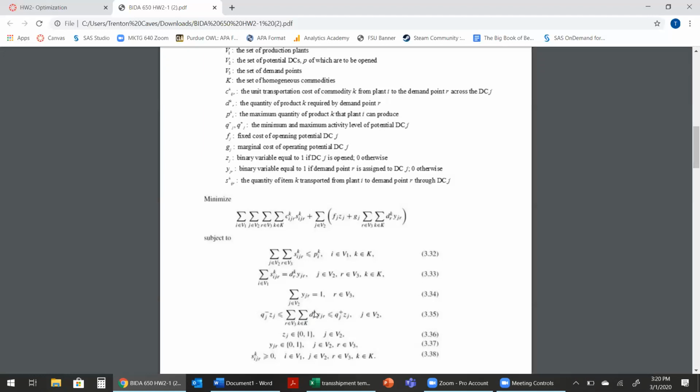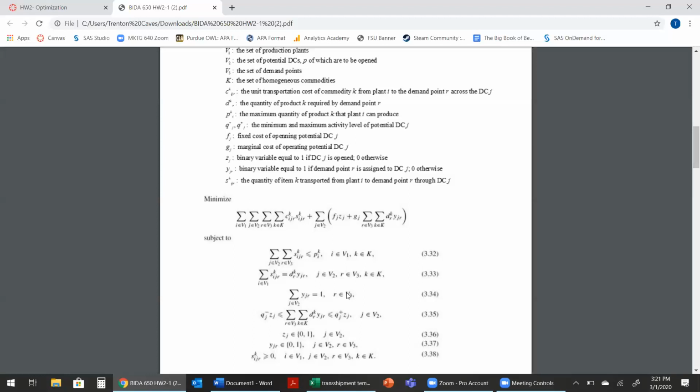Well, J subset V2 is the distribution centers, and YJR is the binary variable equal to 1 if the demand point R is assigned to distribution center J. And R is a subset of V3, so R is the demand points.